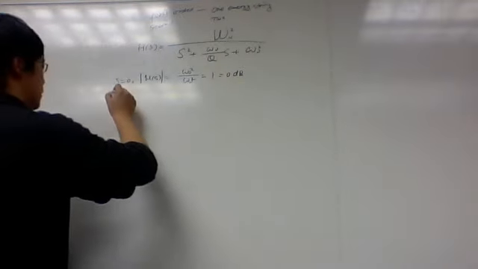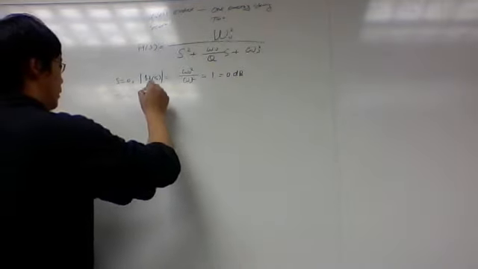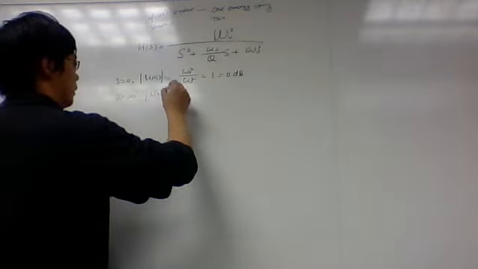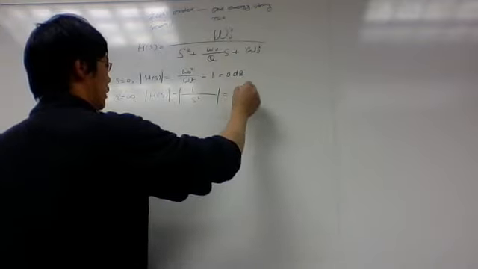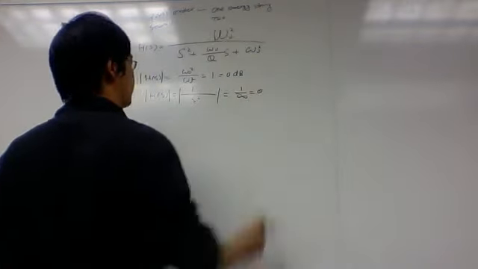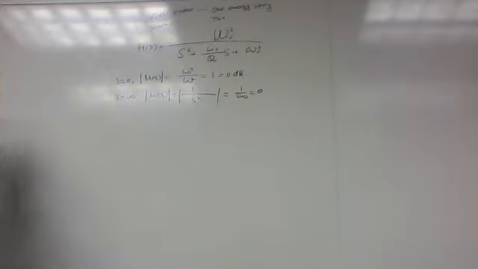When s is infinite, H of s will be 1 over s squared, so that will be 1 divided by infinity, 0. It's not 0 dB, it's like minus 200, 300 dB.